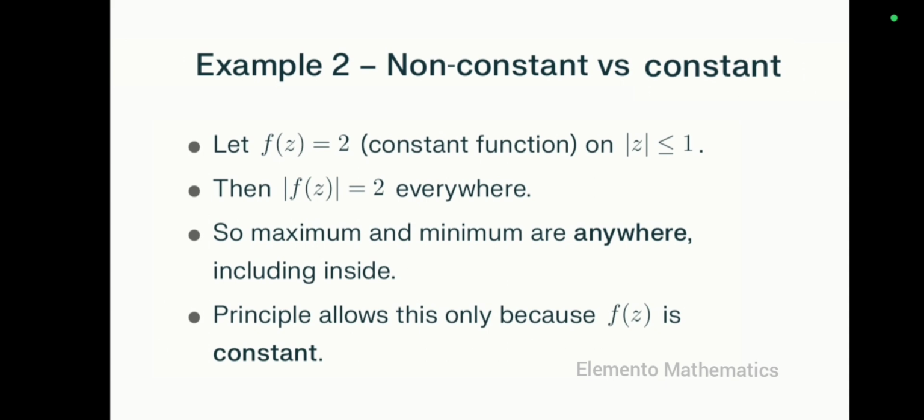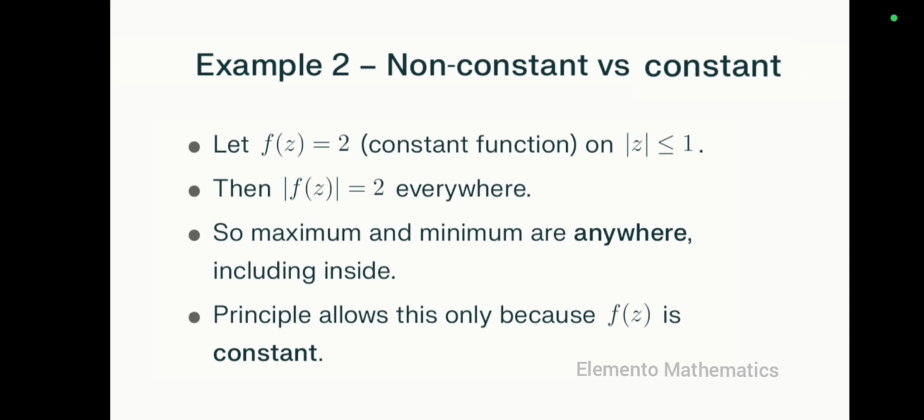Then the modulus of the function is equal to 2 everywhere, inside and on the boundary. Here the maximum and minimum are the same at every point. The principle allows this only because the function is constant. Again, for a non-constant analytic function, this cannot happen inside.